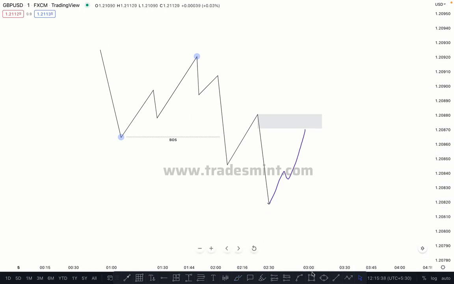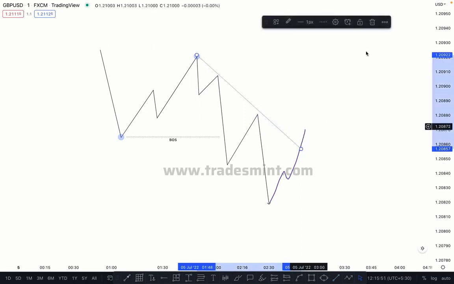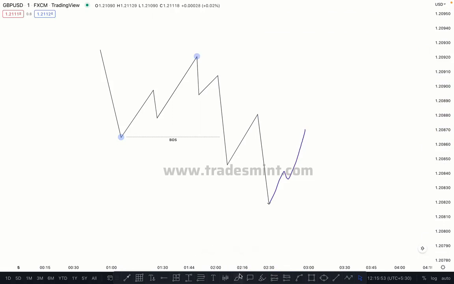Another type of trader trades based on a trend line, so they mark this trend line like this, and they look here for a sell, on this retest.